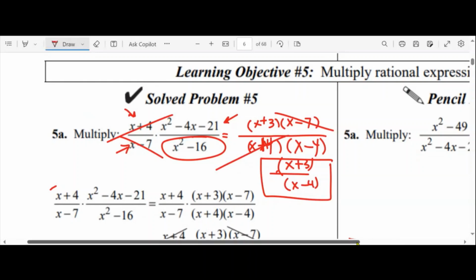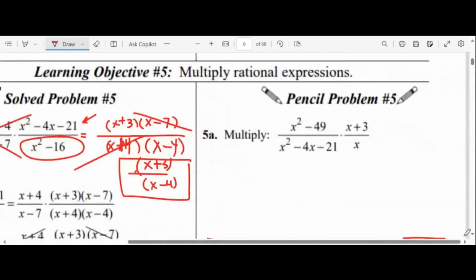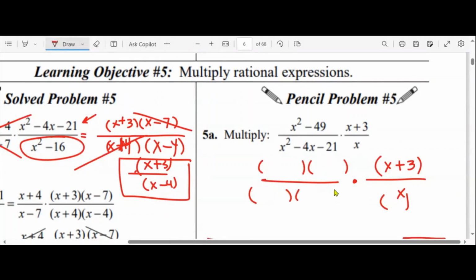Can you do the one on the right side? Yalla, try. I will help you. I'll do the easy one. X plus 3 over X. See? I'll help you. I'll do the hard one. Leave the easy one for you. X minus 7, X plus 7.